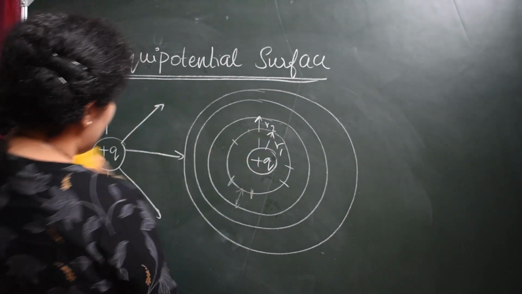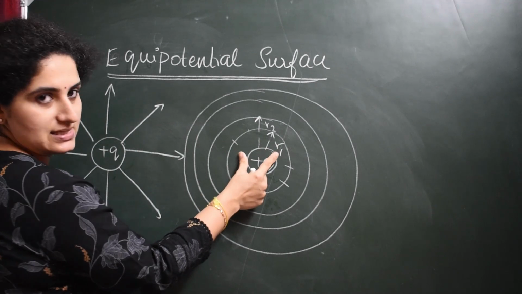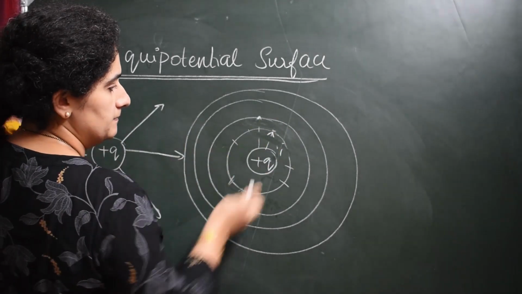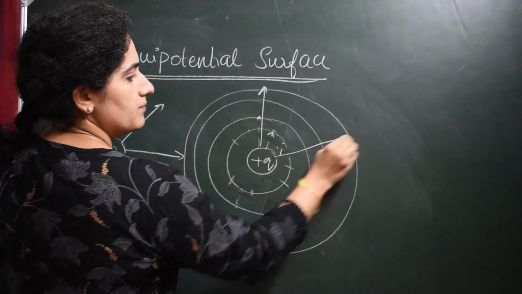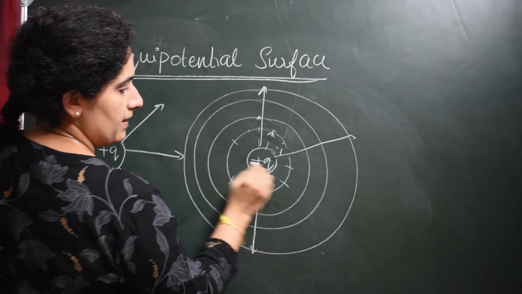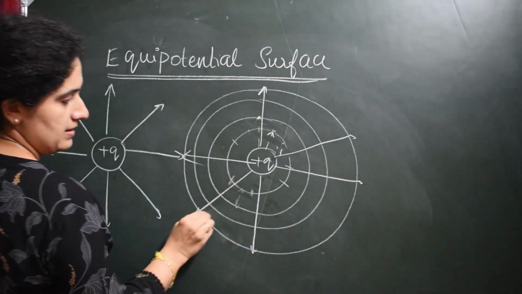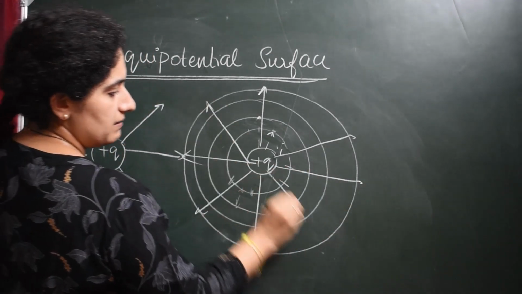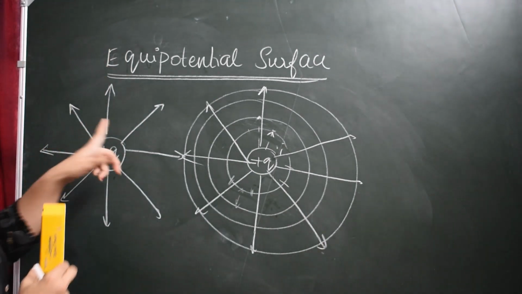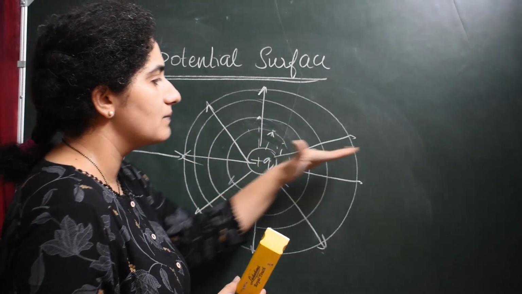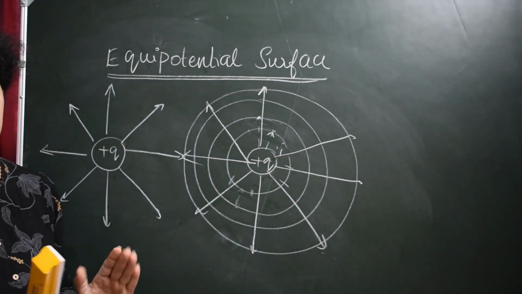Now you place this diagram on this one. How will it look? It looks like this. That means electric field lines are always normal to the equipotential surfaces.